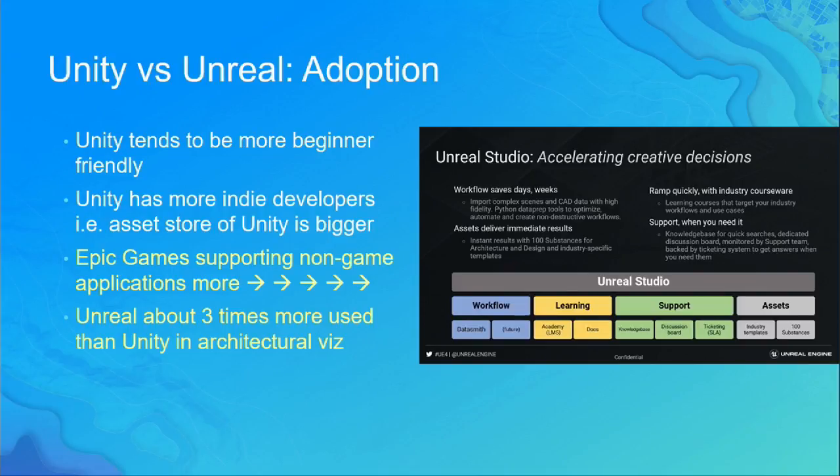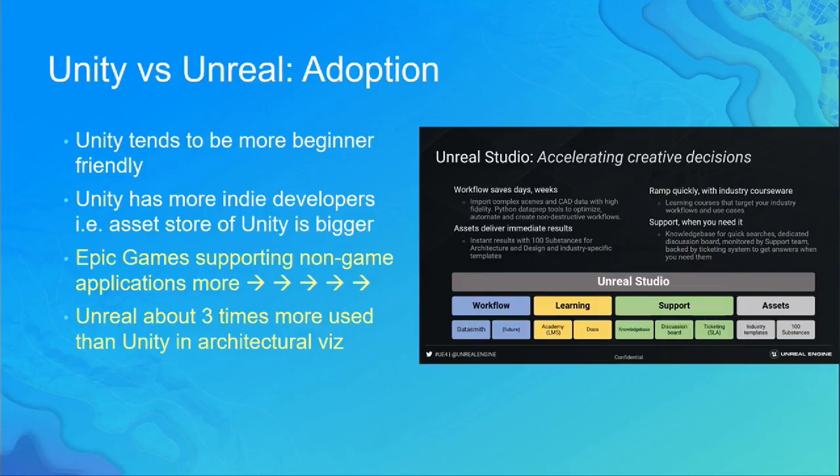So they come with packages for learning and teaching, really focusing on industry professionals and not just game developers. This is a really big advantage. Because of that, in architectural visualization Unreal is more used than Unity.